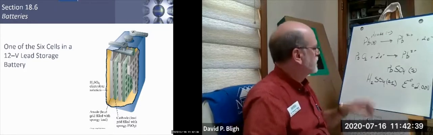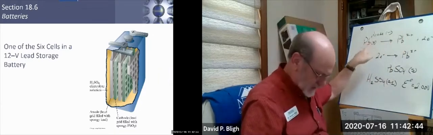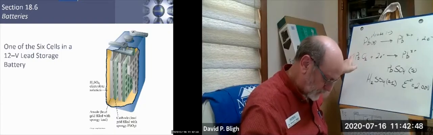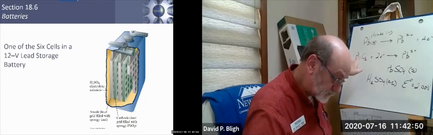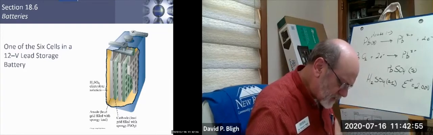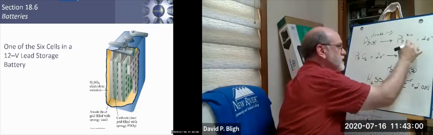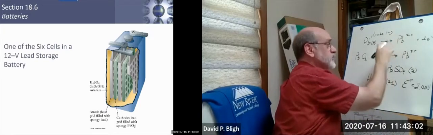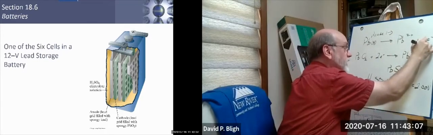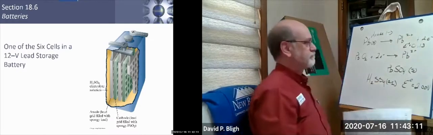Okay. So the standard reduction potential for lead 2 plus to lead. Here it is. Lead 2 plus to lead is negative 0.13. So this reaction, the standard reduction potential is negative 0.13, but this reaction would be 0.13. Okay?